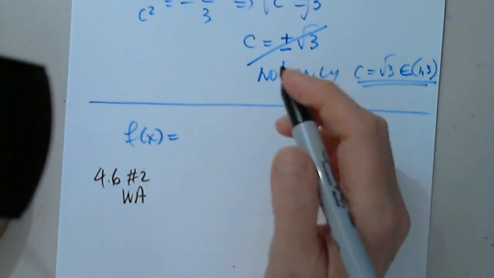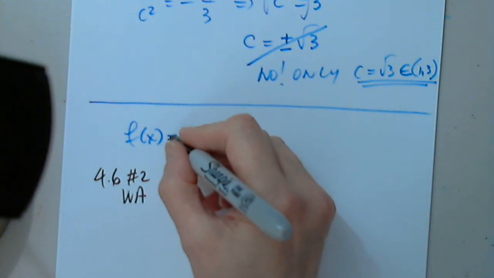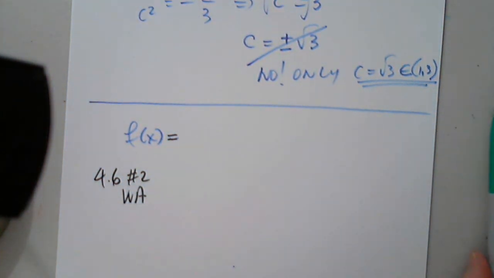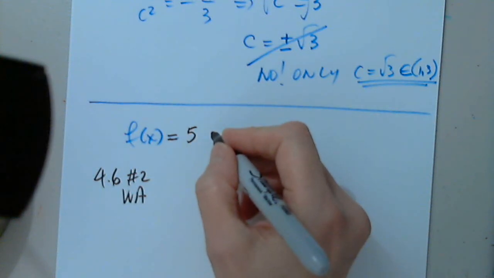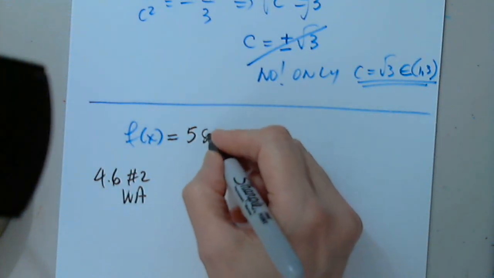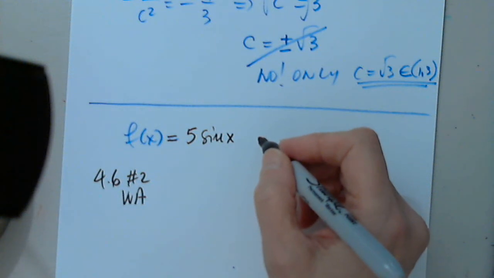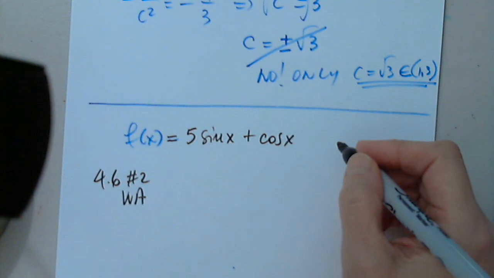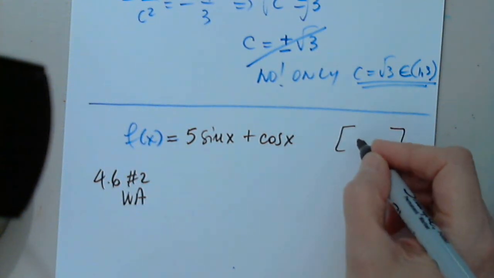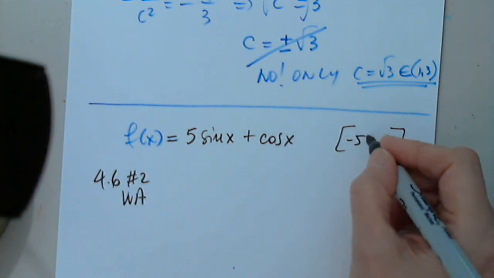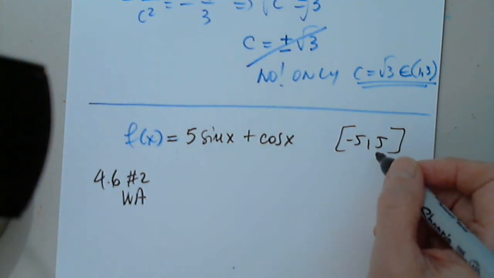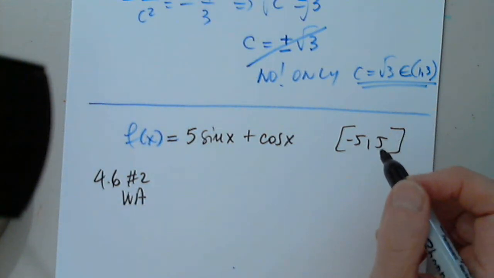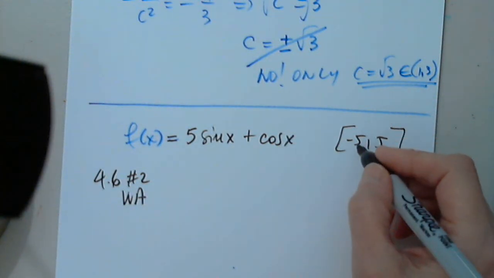All right. They said produce graphs of f that reveal the important aspects of the curve, and f of x is given as 5 sine x plus cot x, and the interval is given between negative pi and pi.